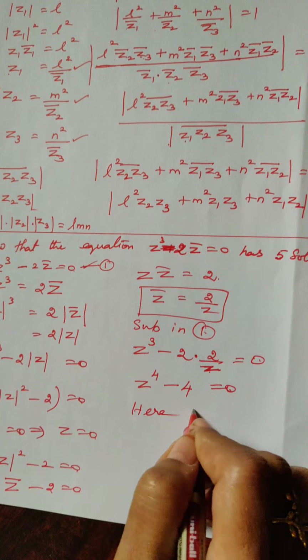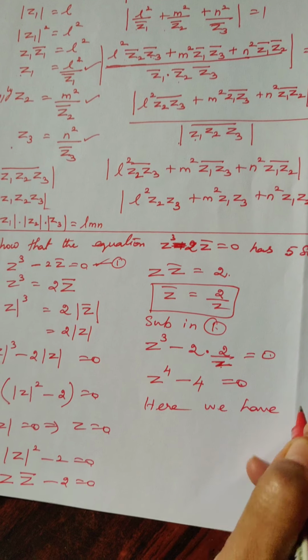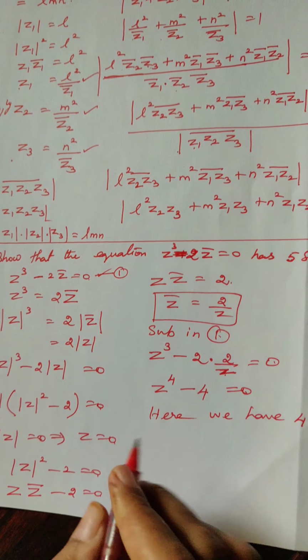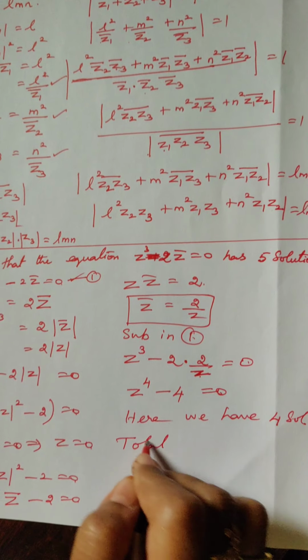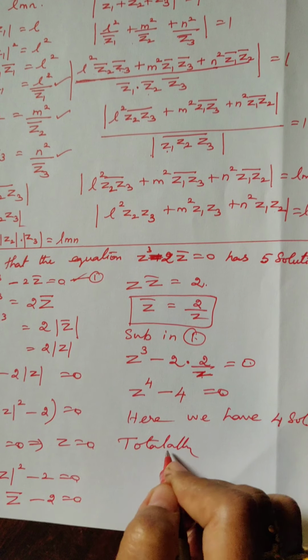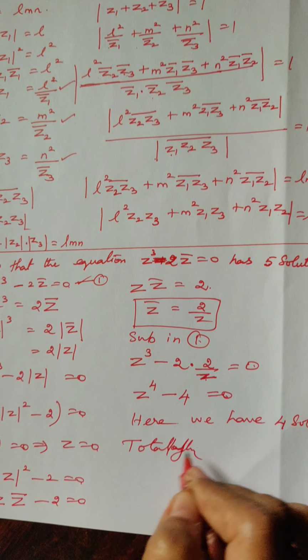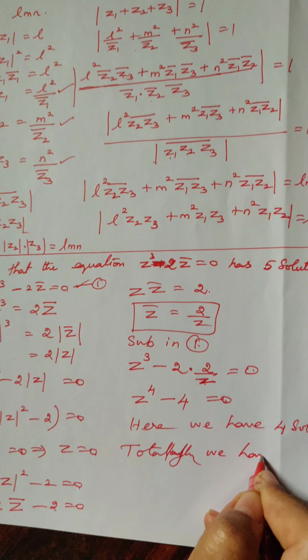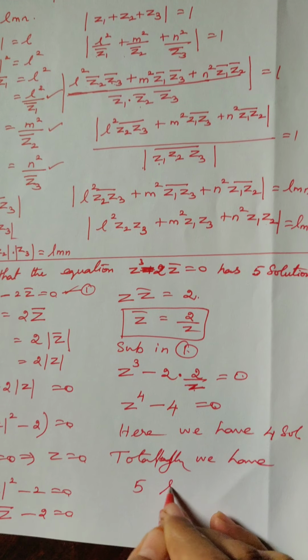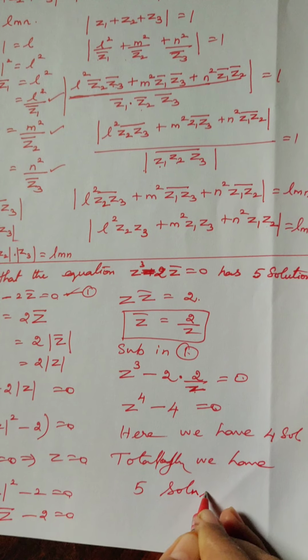Here we have how many solutions? 4 solutions. On the whole, totally we have how many solutions? 5 solutions for this equation.